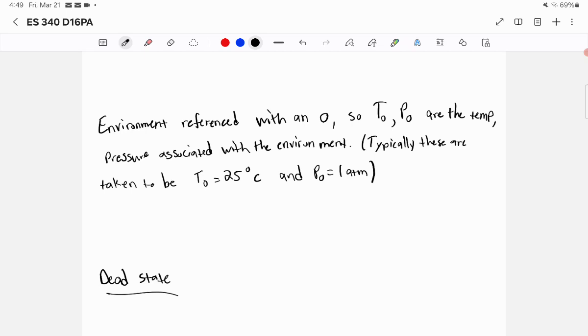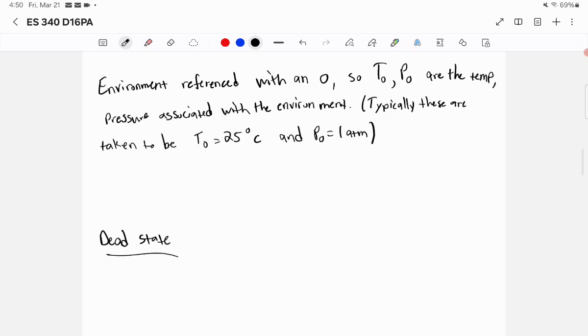So it takes on the temperature T_0 and the pressure P_0 of the environment at the dead state. We're thinking of the system reaching equilibrium with its environment, and that is when it is at its dead state.